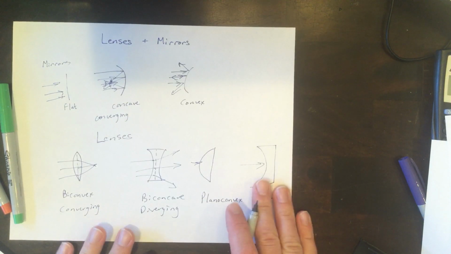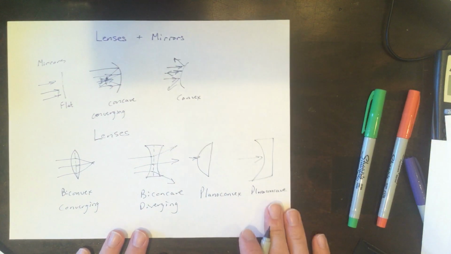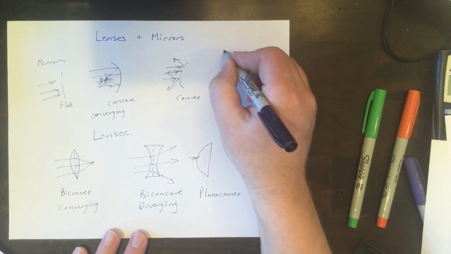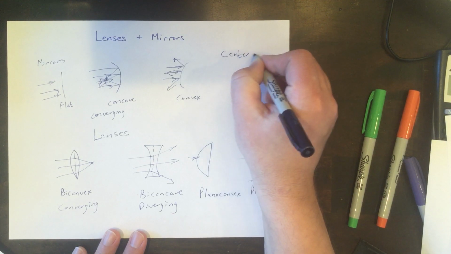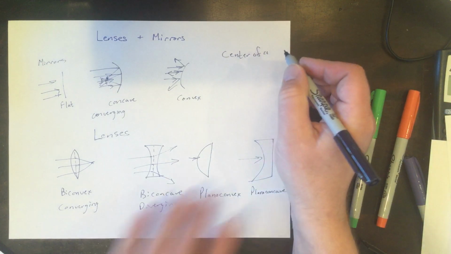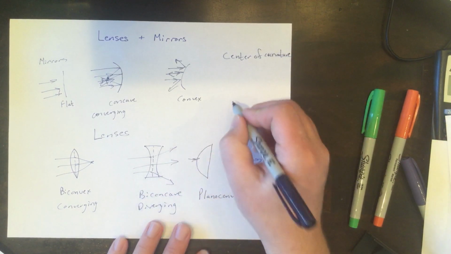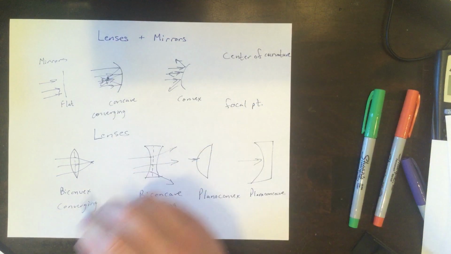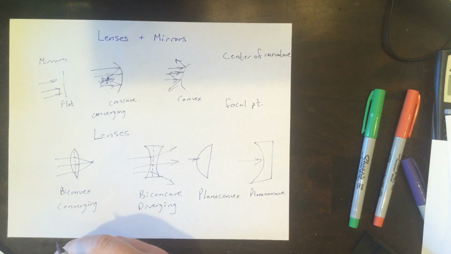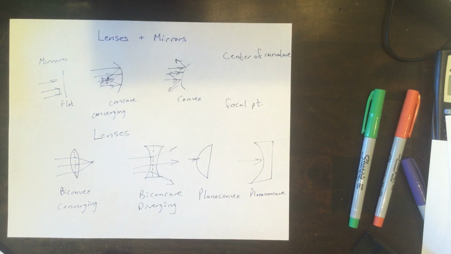I'm going to put a little extra note here. When we start drawing them, this will be a little more apparent, but I'm going to talk about two things right here called center of curvature, if I don't run out of room, and then focal point. Sometimes you'll hear me call it the focal length, all kind of different things, and I'm not sure what the book will call it.